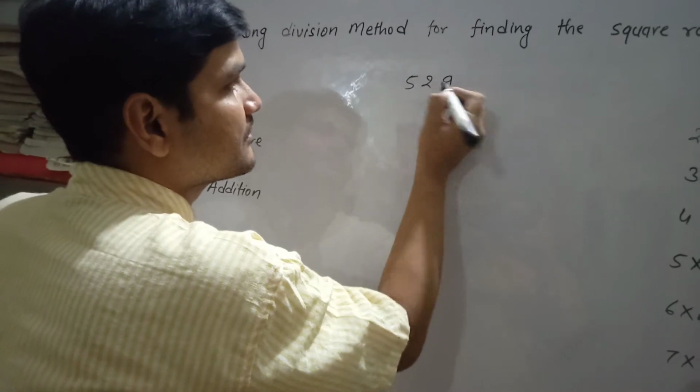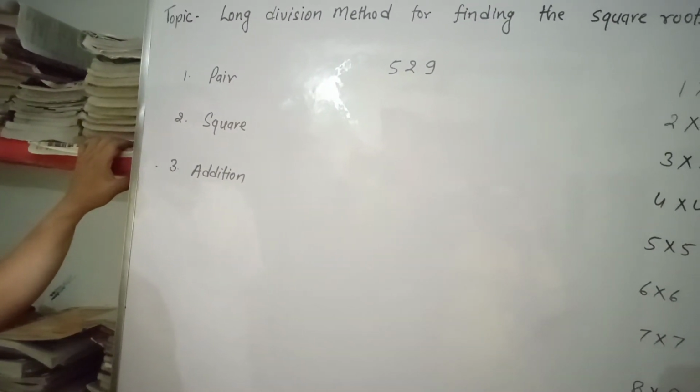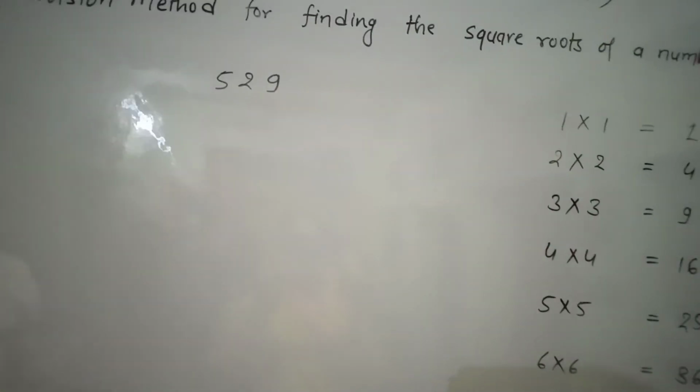Now we will take an example. Suppose we want to take the square root of 529. Firstly we will make pairs of 529 from the right hand side.